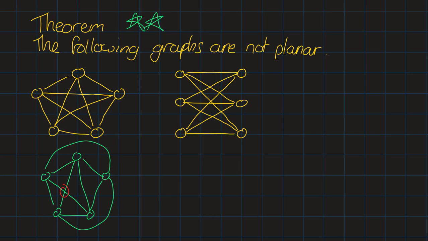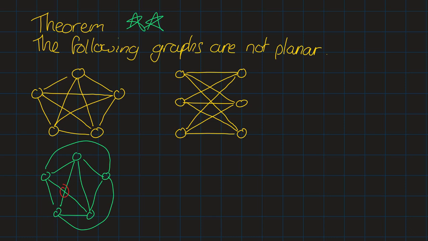So in general, it's very difficult to prove that a graph is non-planar. It's easier to prove it is planar, because all you need to do is draw it without edge crossings. To prove a graph is planar, just draw it. Just give me an example of how to draw it without edge crossings. But to prove it's non-planar, you have to prove that out of all the infinitely many different ways of drawing it, they all have an edge crossing.